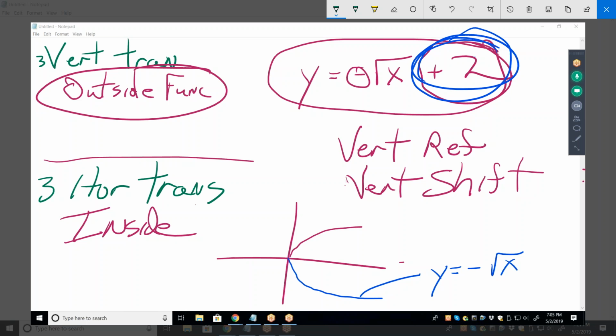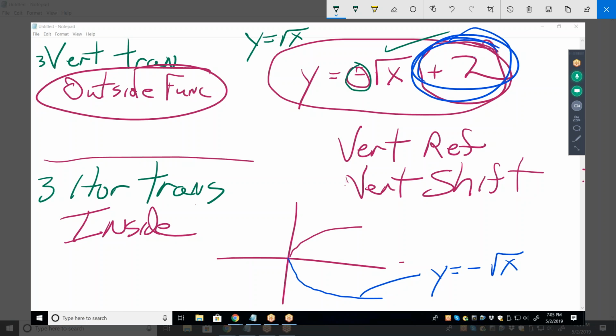Not the blue one, right? We do these in order. The red one is the elementary function, y equals root x. The first thing we apply is the negative sign. That gives us the blue. But that's not the one we're dealing with.